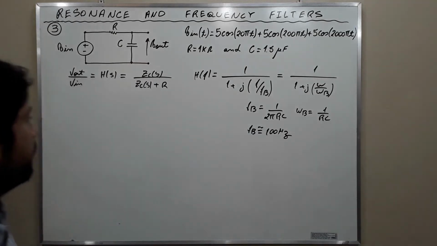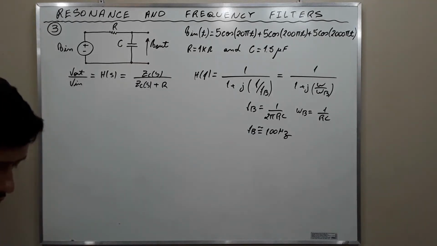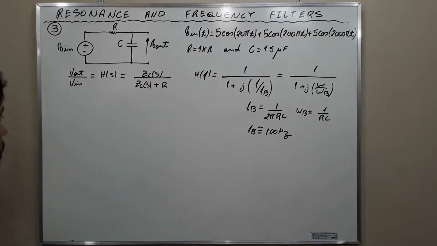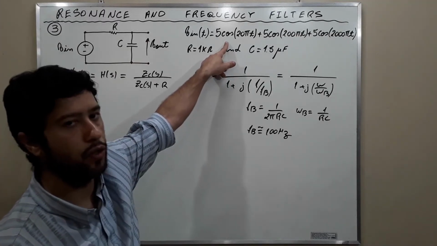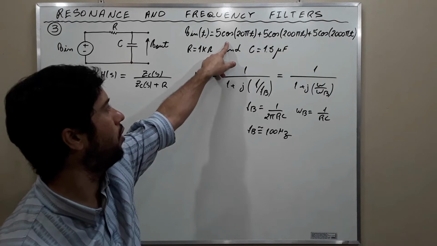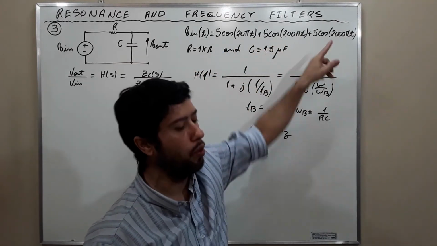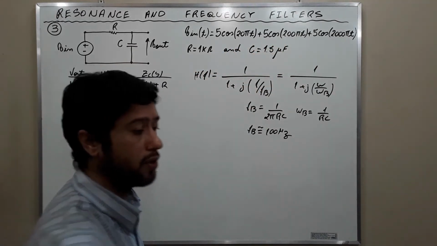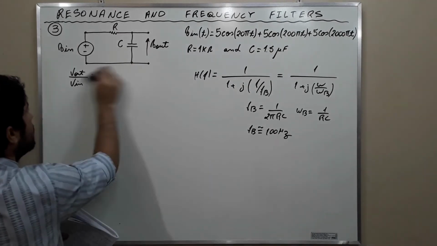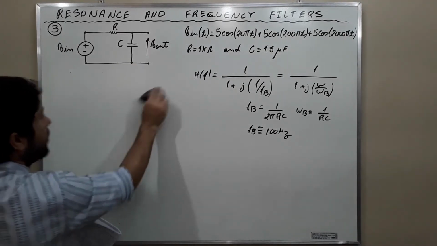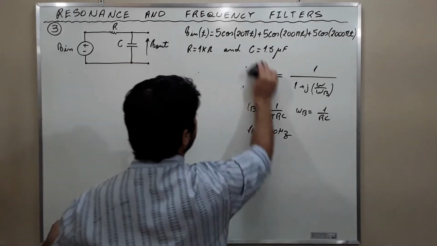Okay, my friends, this is what we are working with, and now we are going to work with the components. We are going to find the output voltage for every one of the components, but separately. Okay, let's go. Let's work on the first component of the input signal first.